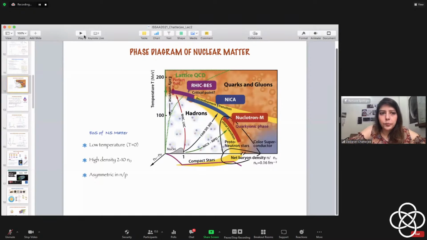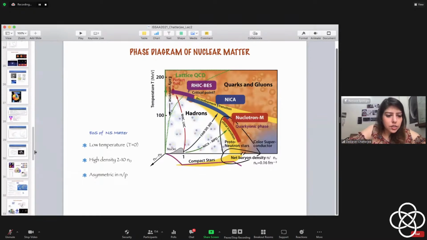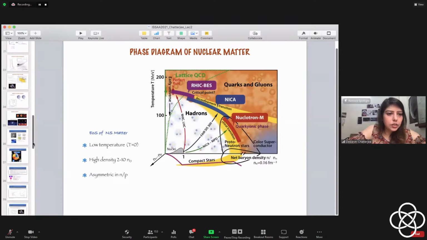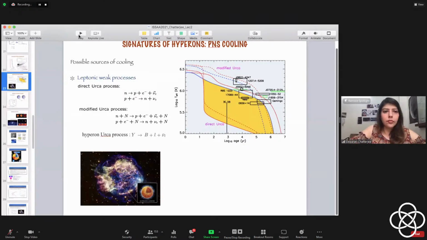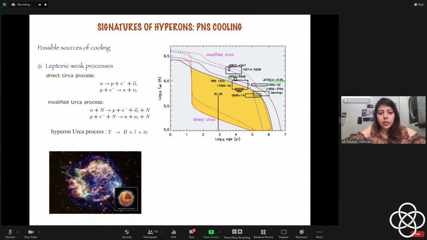Hyperon-Urca process. So let's see. The Hyperon-Urca process is related to cooling. Remember I said that neutrons can decay into protons, electrons, and antineutrinos, and the reverse reaction is called electron capture. These two together are called the direct Urca process.